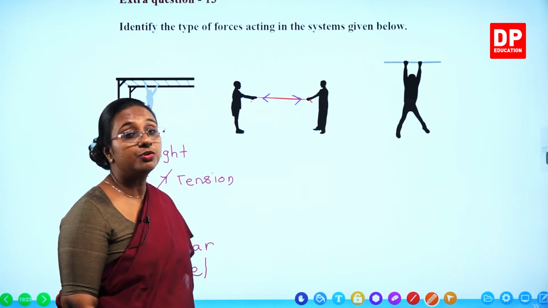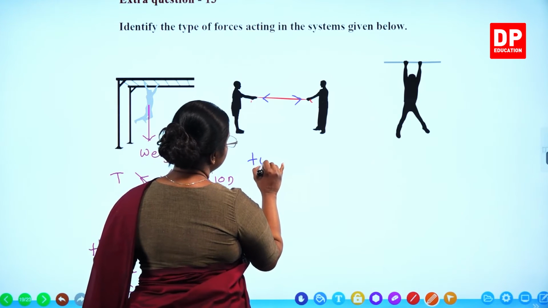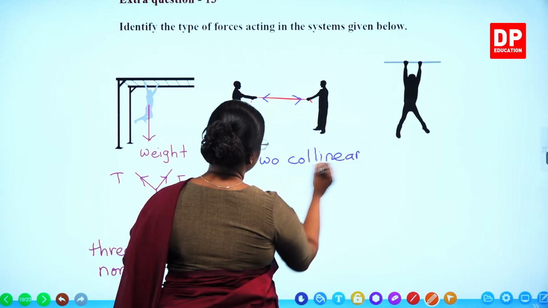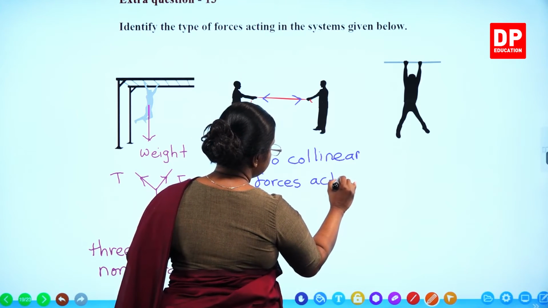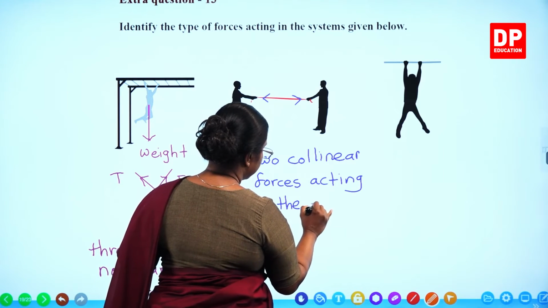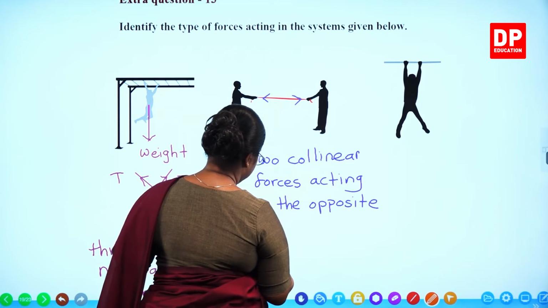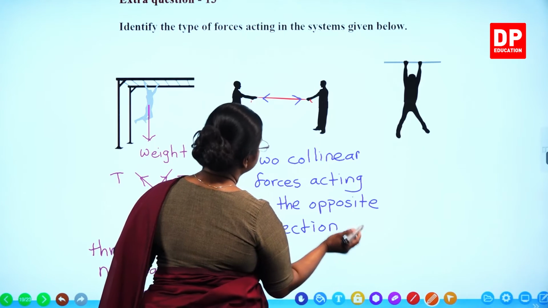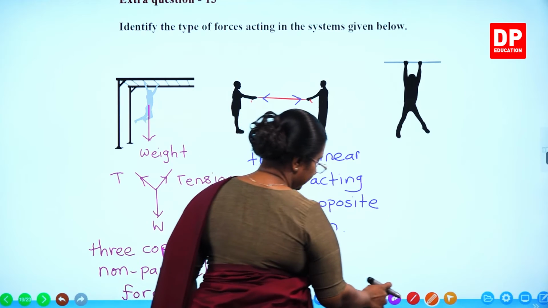So here two collinear forces acting in the opposite direction. That is this system.